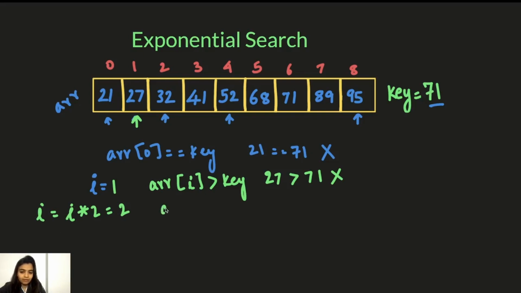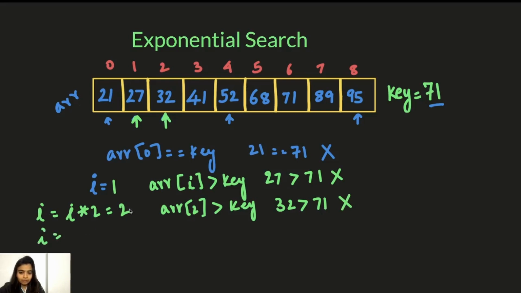So now we check if array of 2 is greater than the key. Array of 2 is 32. So we check if 32 is greater than 71. Is it? No, it's not. So again we repeat the steps.